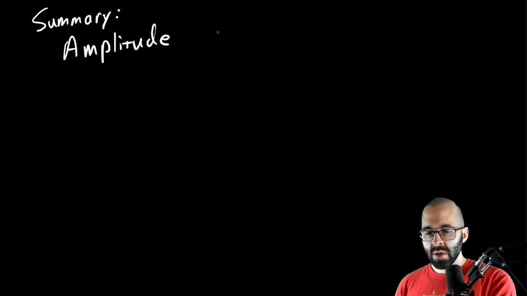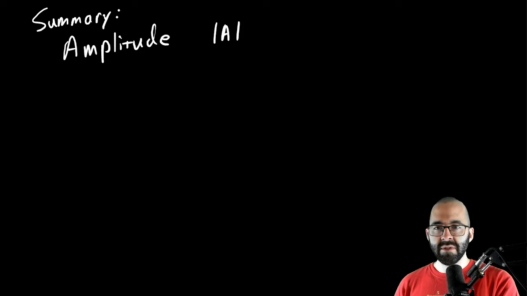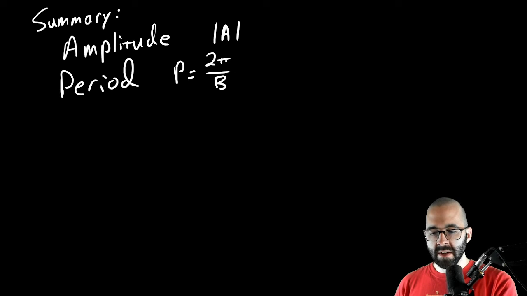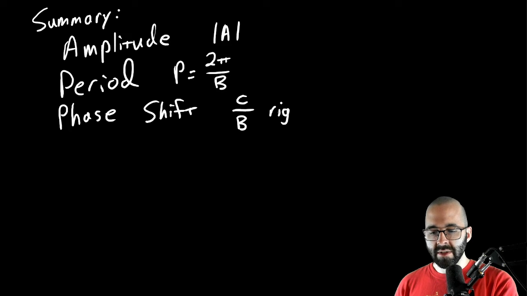The amplitude, we find that by the absolute value of A. The period was 2 pi divided by B. The phase shift was C over B units to the right, and if it's negative, left.